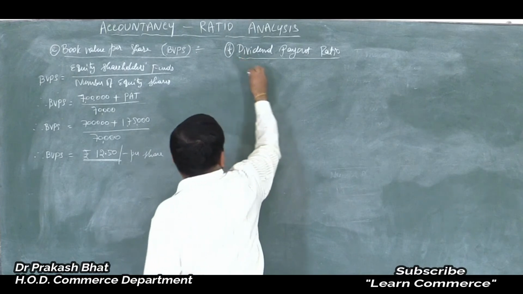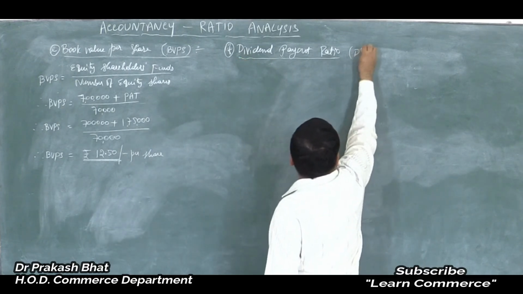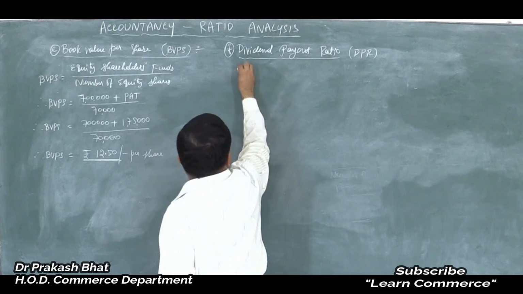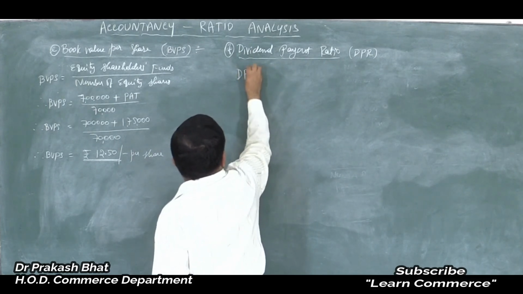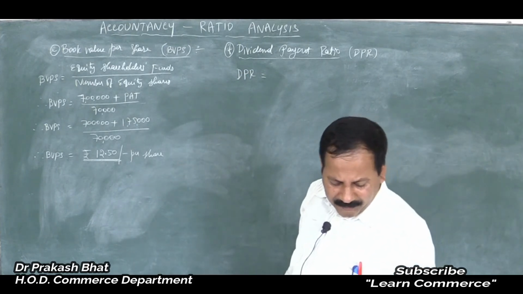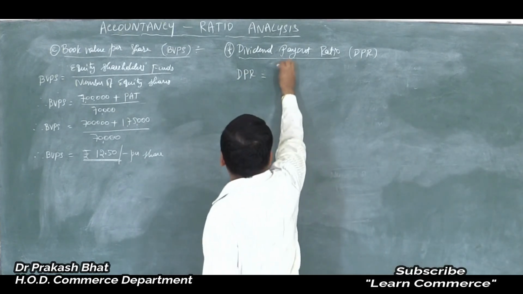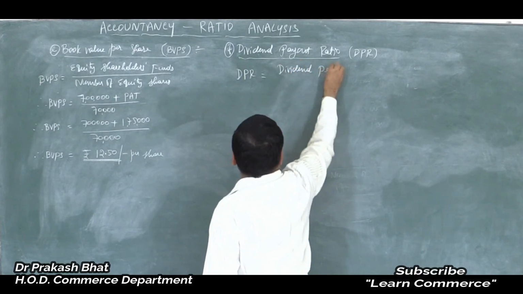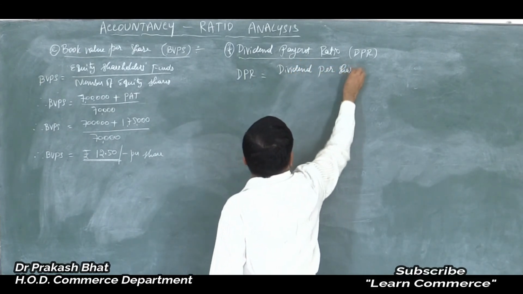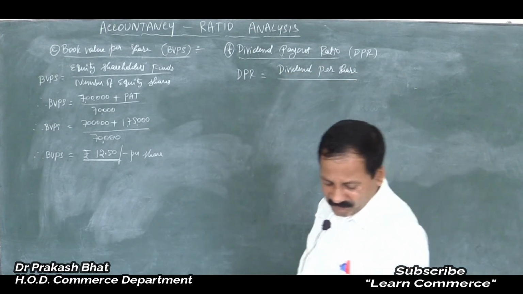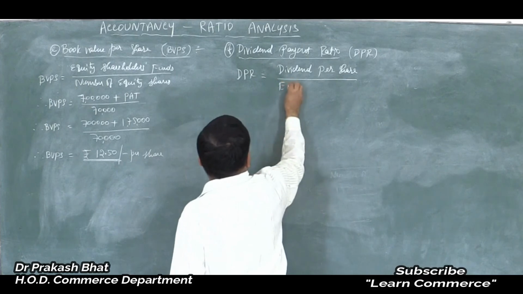Dividend payout ratio, DPR, is equal to dividend per share divided by earning per share.